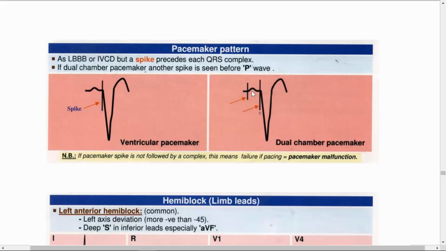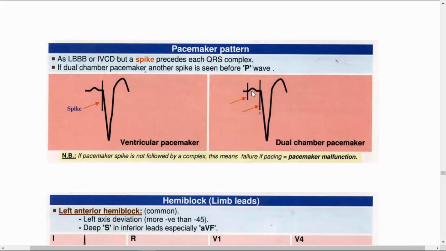What do I mean by sinus pause? There is a pause: PQRST followed by a pause. There is no P. How long should the pause be to put a pacemaker? 3 seconds. So if we make a Holter and this pause is 3 seconds, the patient is indicated for a permanent pacemaker. Okay.